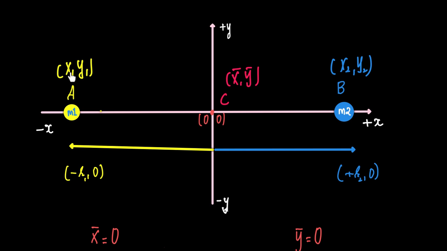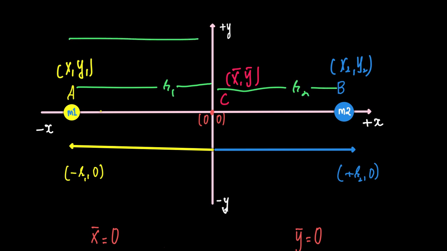Now what is the value of x1? The value of x1 is the distance between A and center of mass, which we assume to be r1. And the distance between center of mass and B, we assume that to be r2, where the complete distance between them is r. Hope that makes sense.